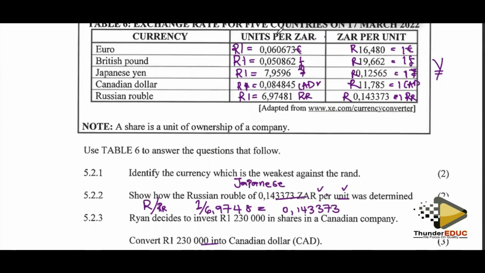All right. For example, here this is units per ZAR. So units per ZAR, simply meaning 1 rand has 0.08484 dollars. So if you come with 1,200,000 rands, how much will you get?